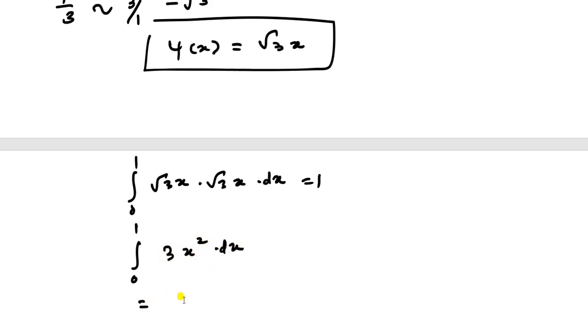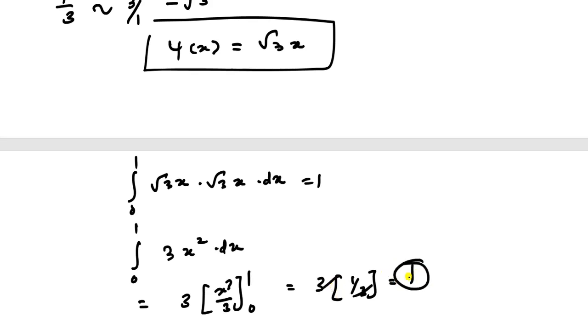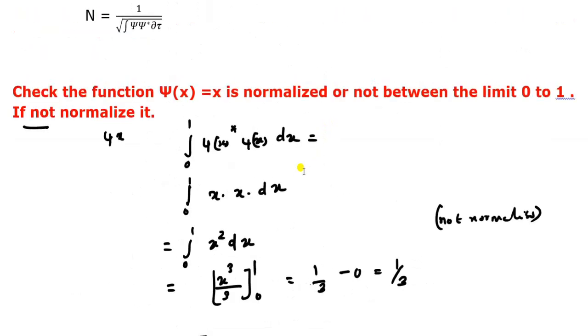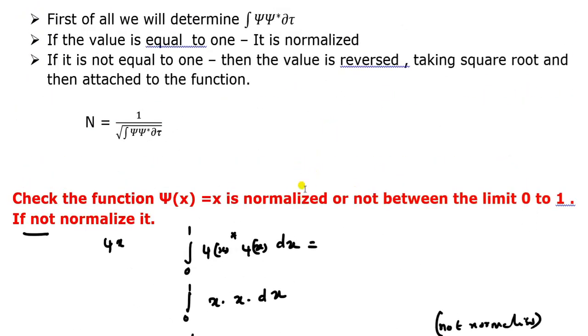So this is equal to 3 into x cubed by 3, with limits 1, 0. It's equal to 3 into 1 by 3 minus 0, and the value is 1. Now it is normalized. So this function is normalized. Okay, so in this way, we are going to normalize the wave function.